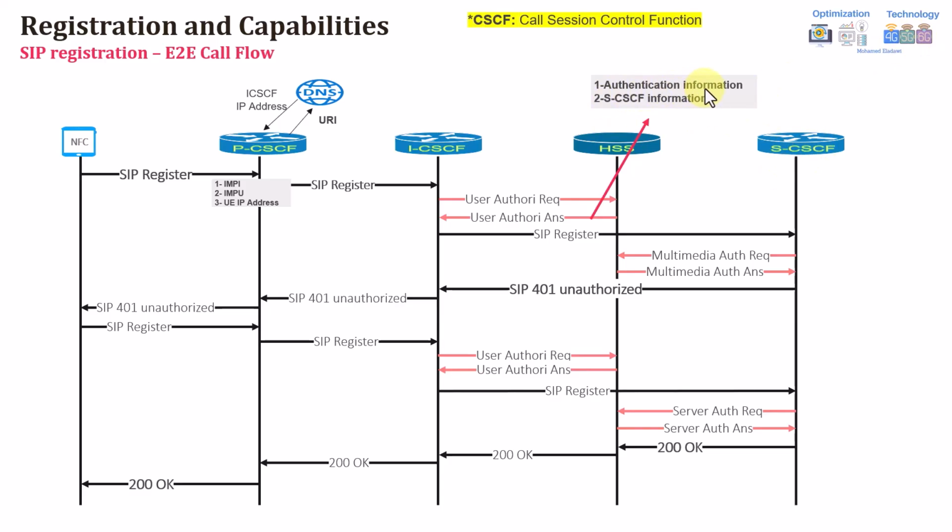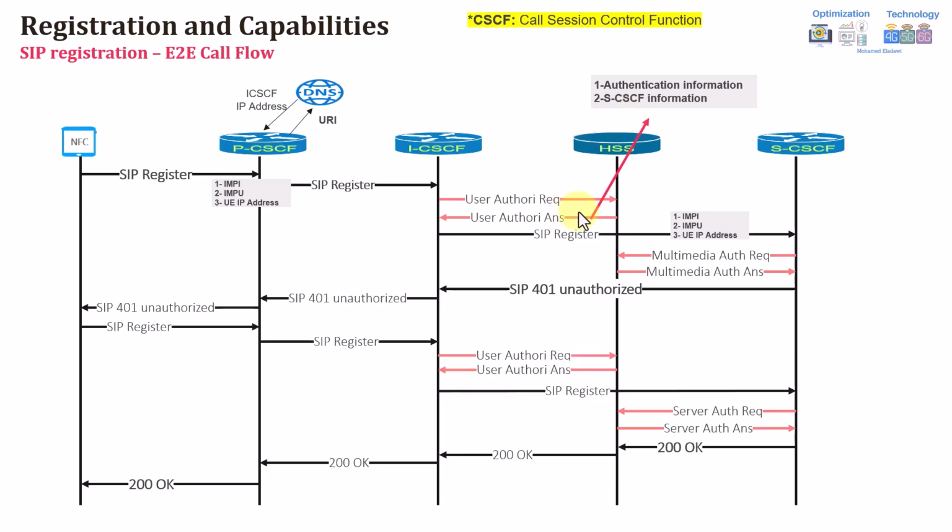What is this authentication information? It's saying that I would like to get the authentication information for this IMPI and IMPU, giving these two pieces of information to the HSS and asking which S-CSCF is serving this particular user.